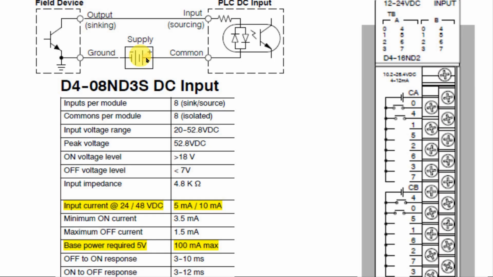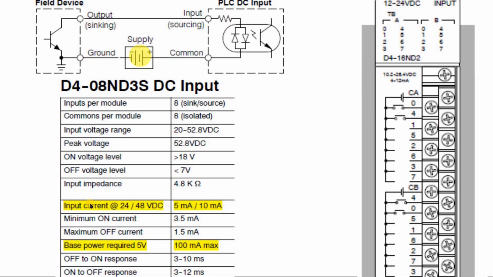The power supply will provide to the contact or whatever input device here, and it goes back into your card, internal card. So you will have internal resistance and you have a maximum current through this channel.